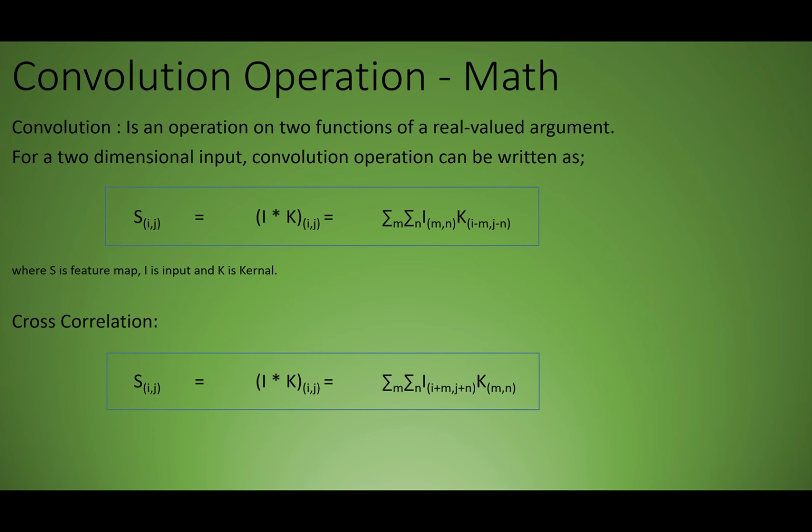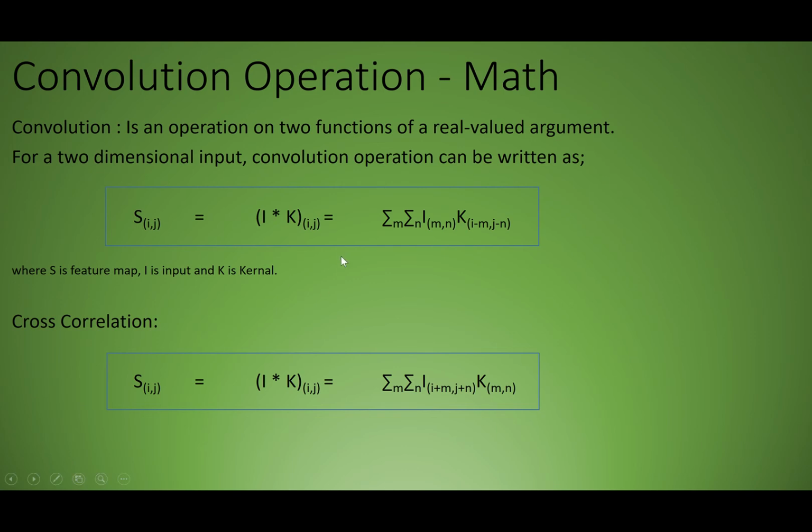CNNs are specialized neural networks that use an operation called convolution, at least in one of the layers. Convolution is an operation on two functions of a real valued argument. If you take a two-dimensional input, we can write the convolution operation as below, where I is your input image and K is a kernel, and you just do an element-wise multiplication and sum over all the channels.